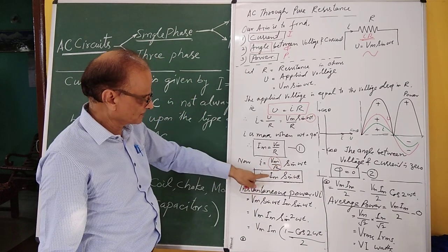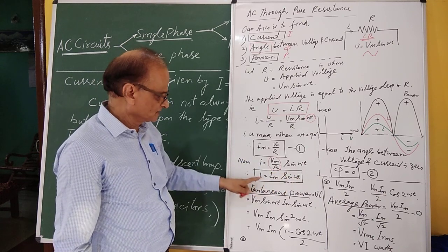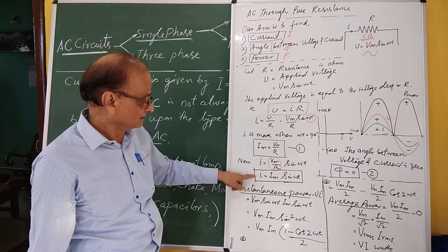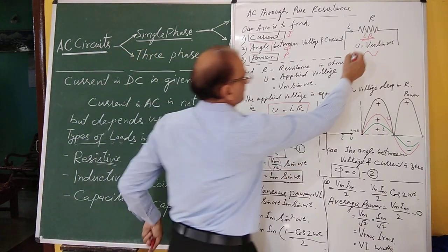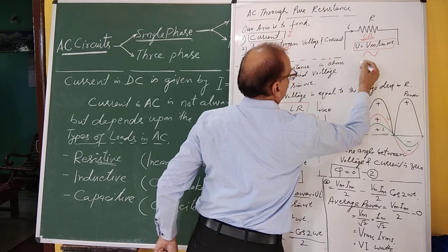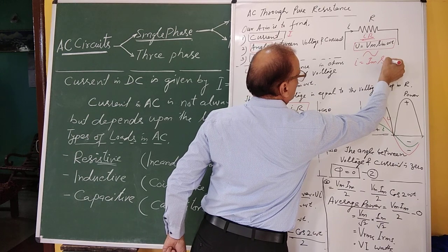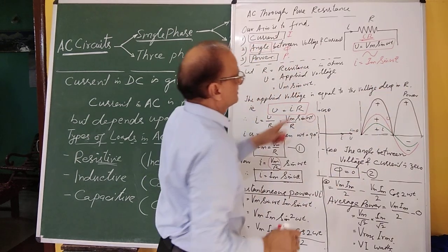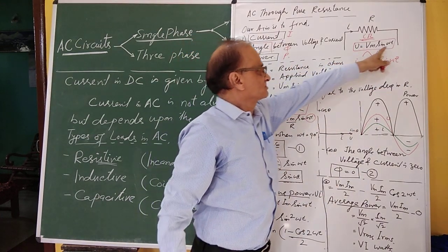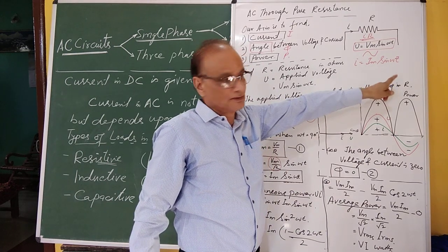You will get i is equal to Im sin theta. So this is the equation for current and this is the equation for voltage. This is the voltage equation, this is the current equation.